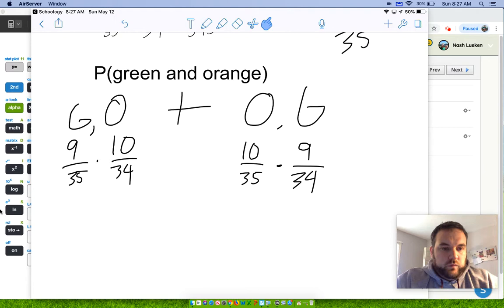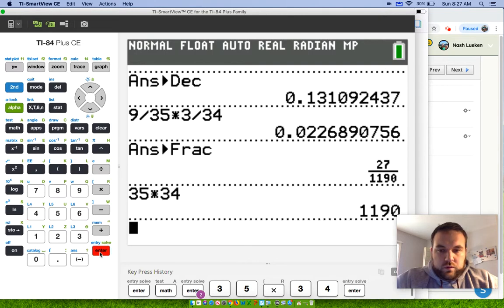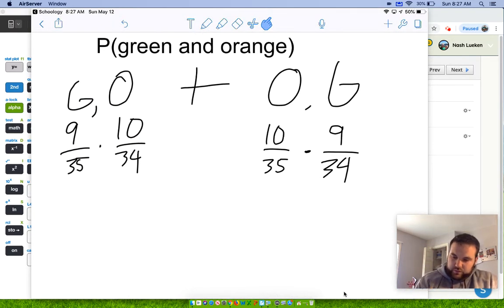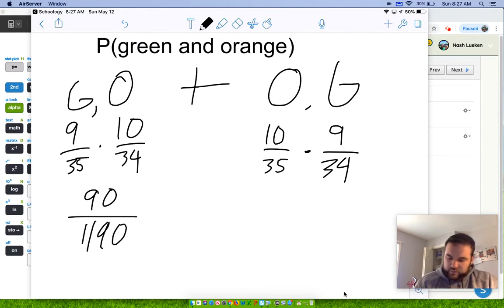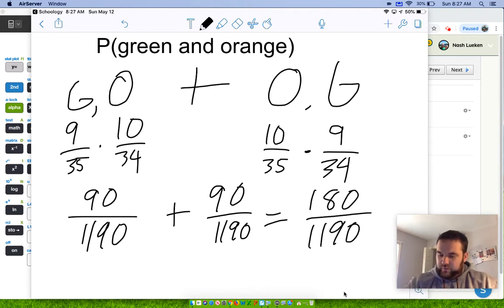So 35 times 34 is 1190, which means this would be 90 over 1190 plus another 90 over 1190. It's going to give me 180 over 1190.